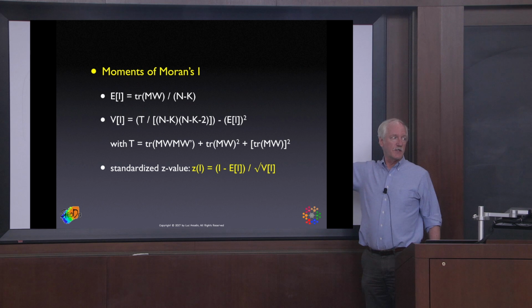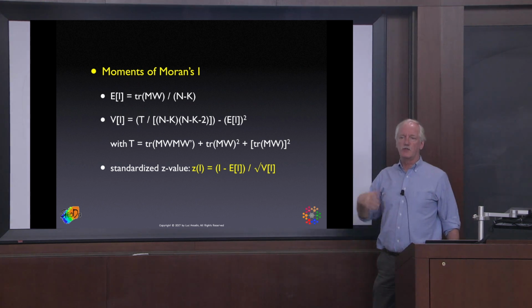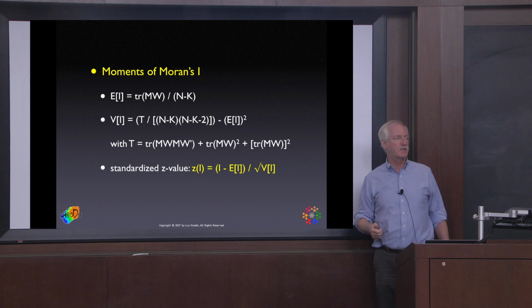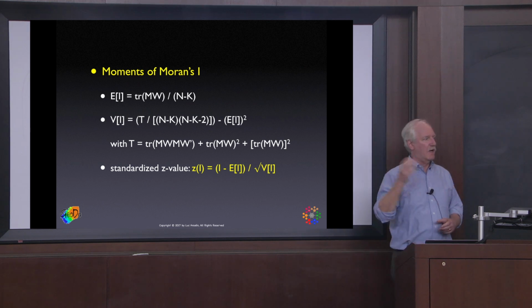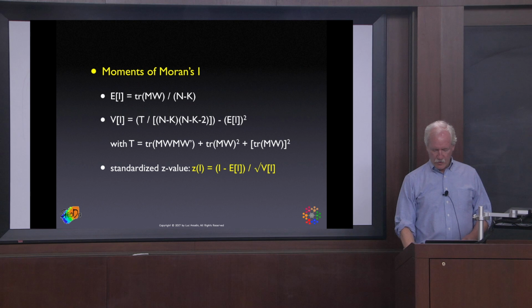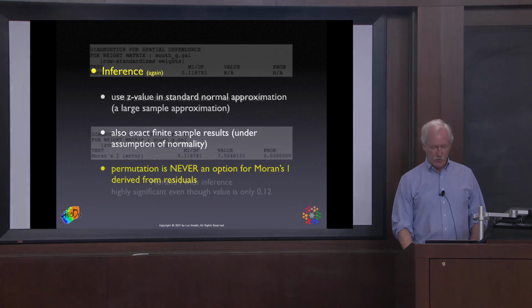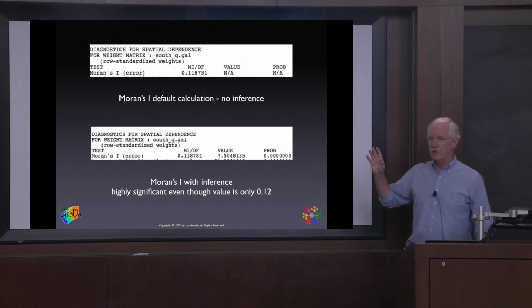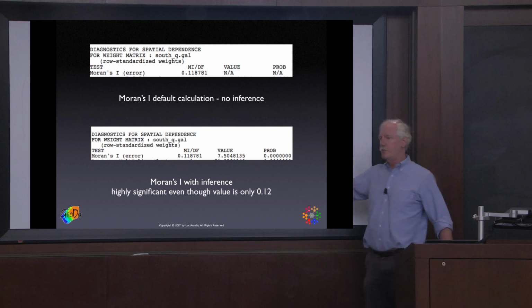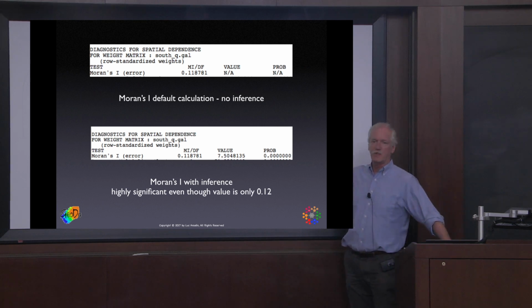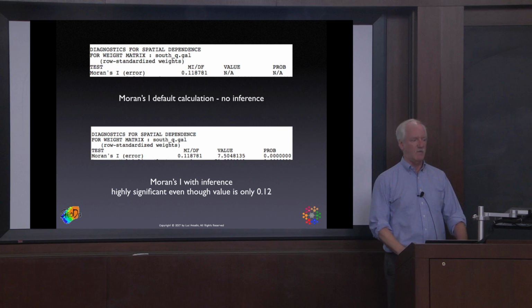So the default is not to do this, because as we'll see later, my preferred approach is to use the Lagrange multiplier statistics and not Moran's I, and I'll elaborate on that later on. So that's why the default setting in GeoDa is not to compute this. If you insist, we will compute these big traces of these big matrices, and then you actually get the inference.